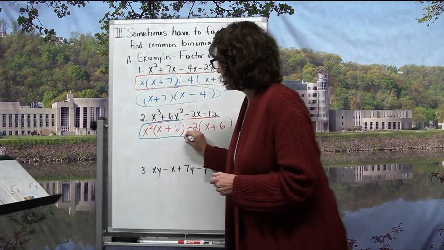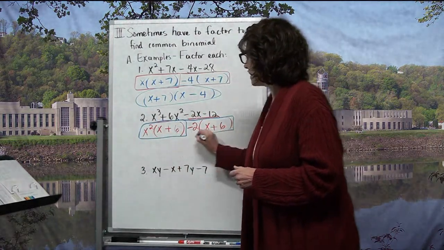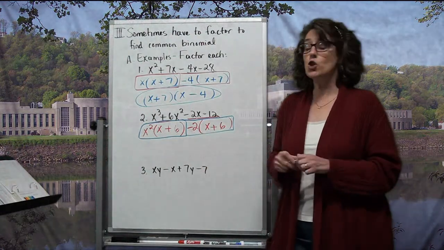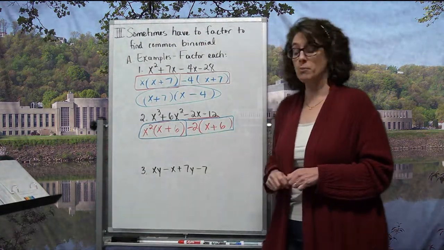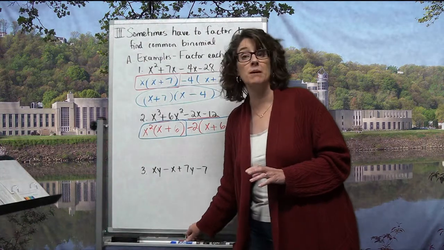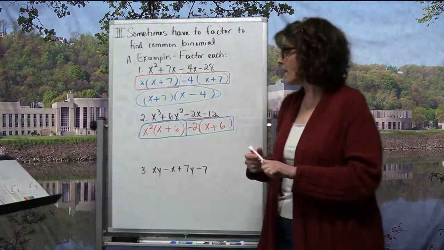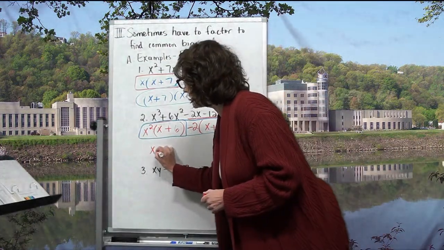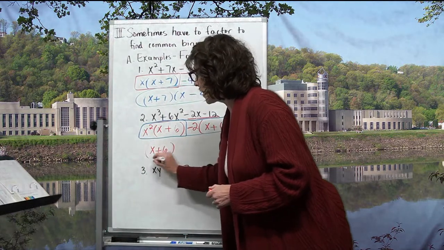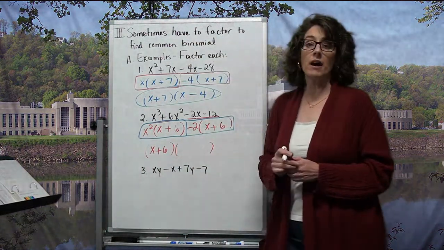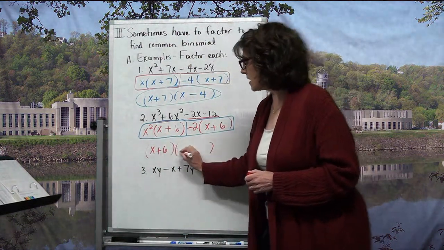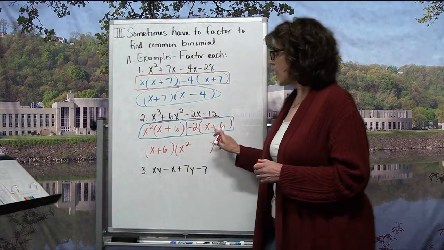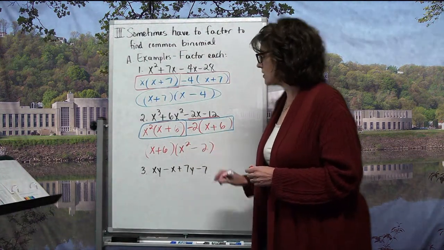One right here, and then one right here. Notice that within the 2 boxes, I do have those common parentheses. The parentheses have got to be identical in order to pull them out. So I'm going to pull that common parentheses out, that x plus 6, write it in a parentheses, and write down what's left. Take that x plus 6 out of here, I'm left with an x squared. Take the x plus 6 out of here, I'm left with a minus 2.